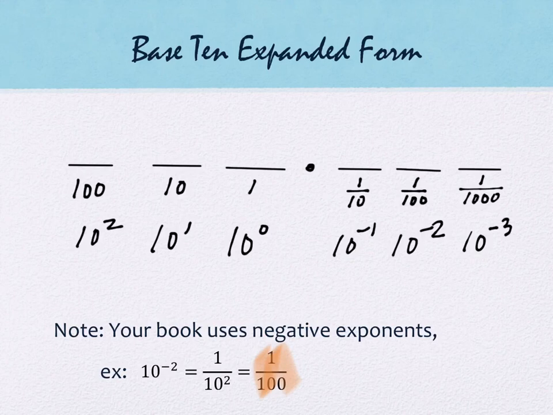I know you're maybe not super loving fractions, but I think negative exponents on bases of 10 are probably even worse in terms of conceptual knowledge. So when your book does those negative exponents, please just ignore them and understand I'm asking you to do it differently. This is one of those very few places where I do something different than the book.